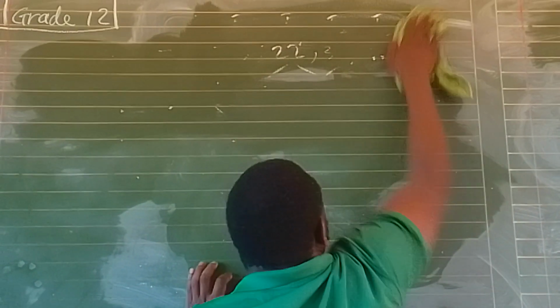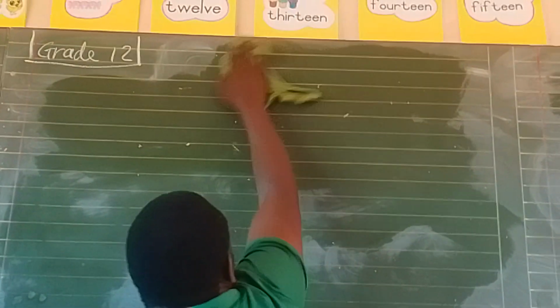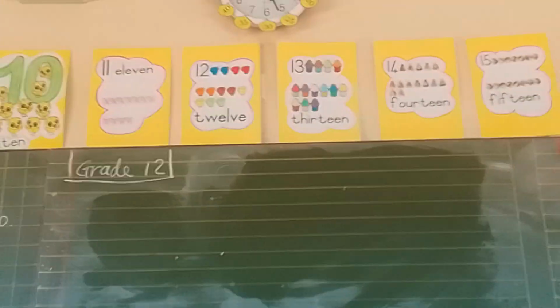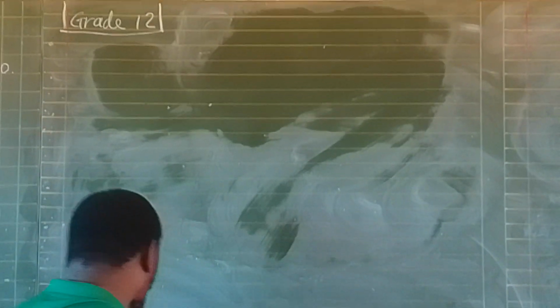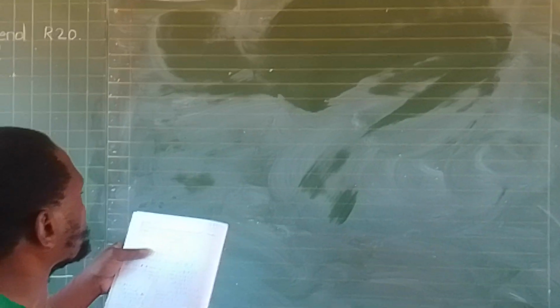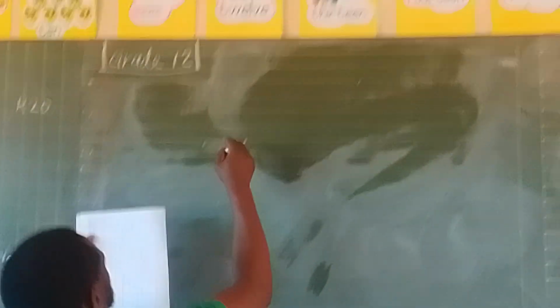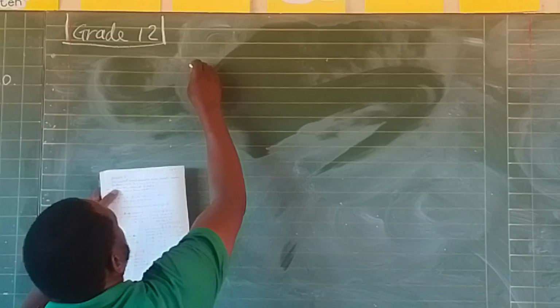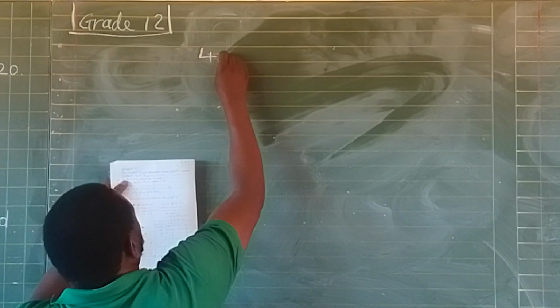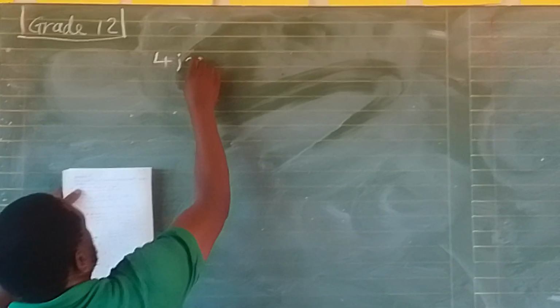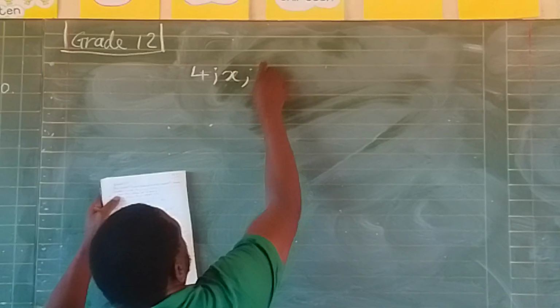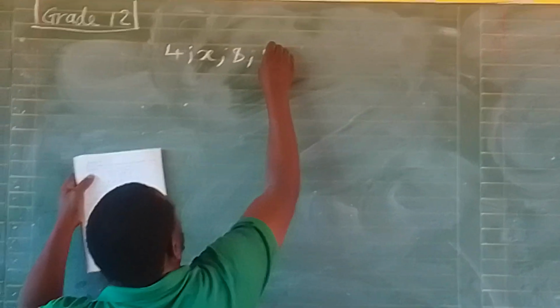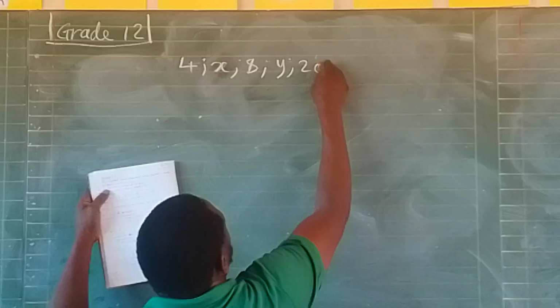Right, the next question still deals with the same quadratic pattern. It says that the constant second difference of the quadratic number pattern is 2, which is 4, x, 8, y, 20.